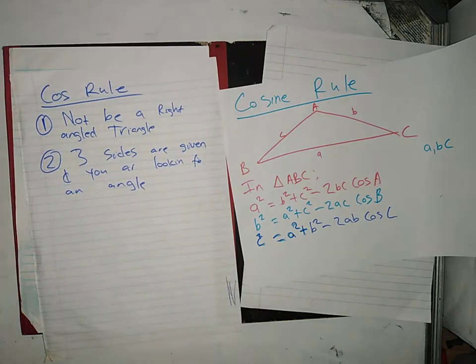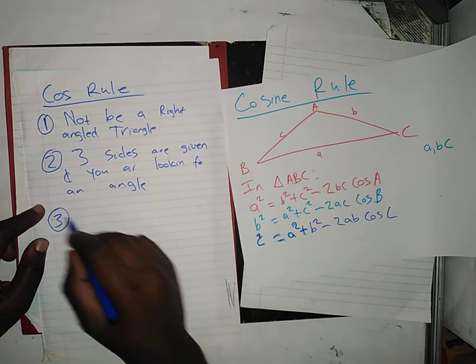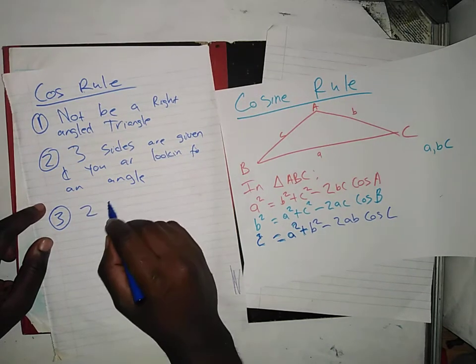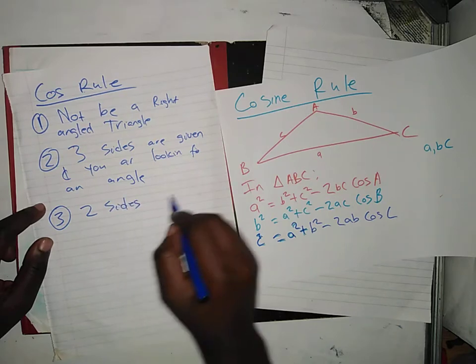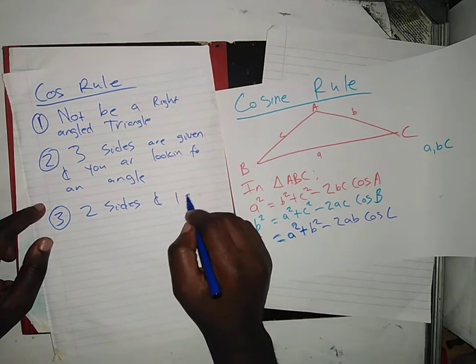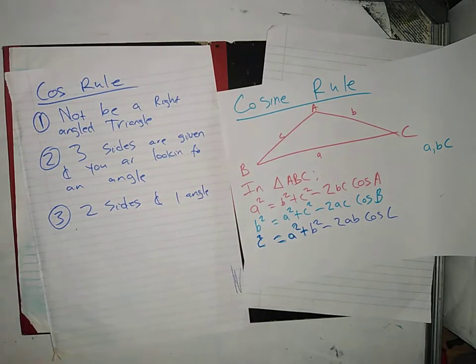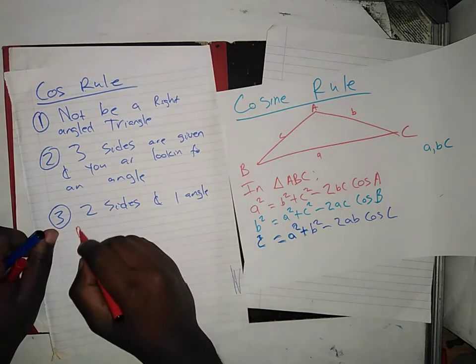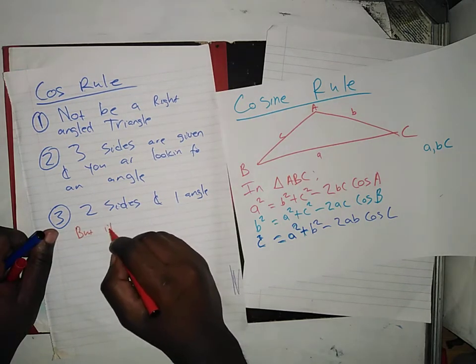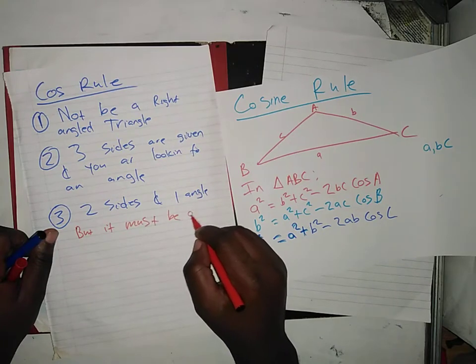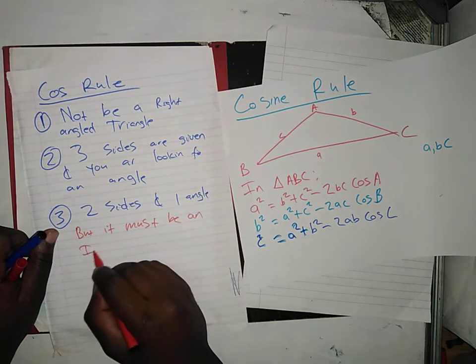And in the third condition, you must be given what? 2 sides and 1 angle. But let me actually write this down, this one with a red color. But it must be an included angle.